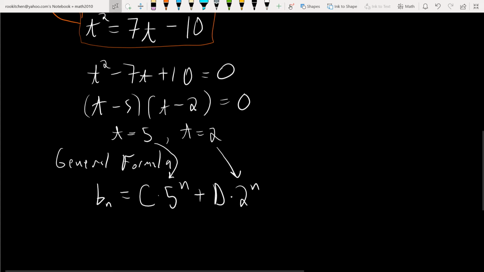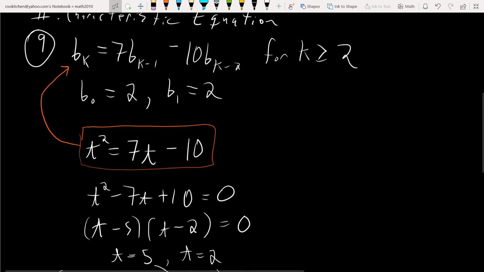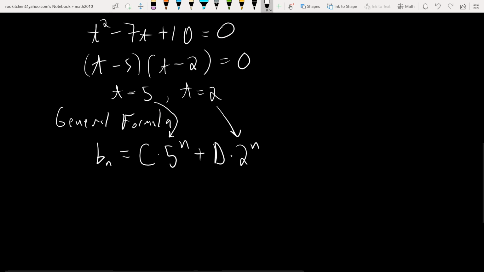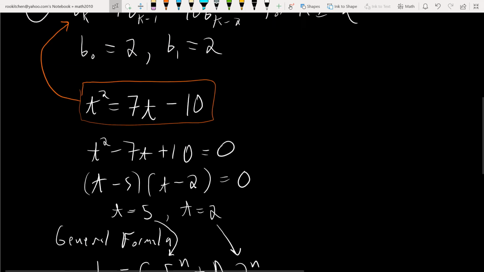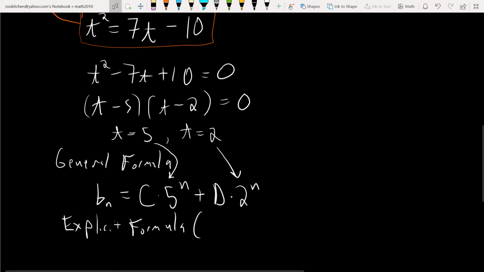Okay, in order to get the particular explicit formula, we need to use the initial conditions. Okay, so for the explicit formula, we're going to need the b sub 0 is 2, and then b sub 1 is also 2.